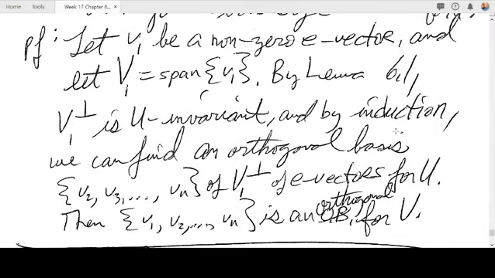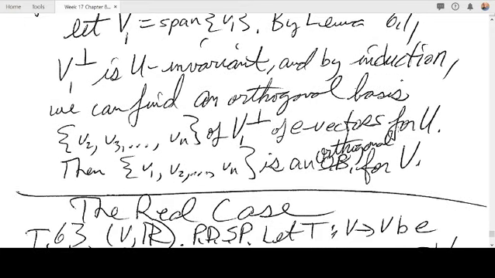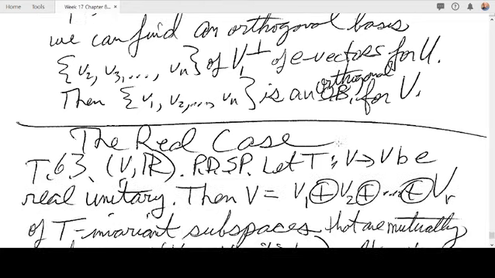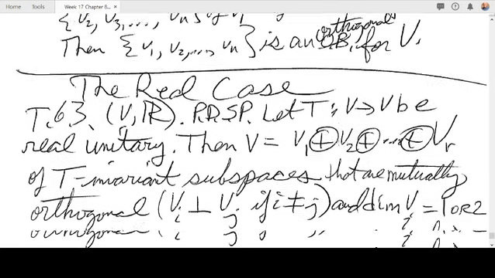So you start out with a subspace of dimension 1, and then you look at the orthogonal complement. You expand it to a basis for the whole space, like we've done in the past, and using induction, you get an orthogonal basis for the whole entire space.